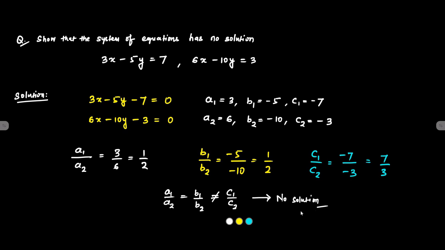So we have shown, by calculating the different ratios, that A1 by A2 is equal to B1 by B2, but it is not equal to C1 by C2: 1 by 2 is equal to 1 by 2, but it is not equal to 7 by 3.